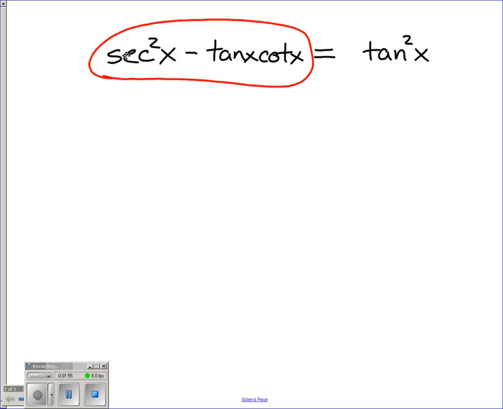So I'm going to take the secant squared, bring it down, minus. Now tangent and cotangent, if you put them back in terms of sine and cosine, tangent is sine of x over cosine of x, times cotangent, which would be cosine over sine.